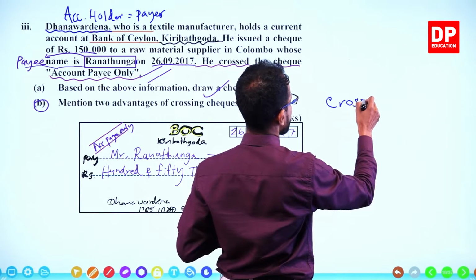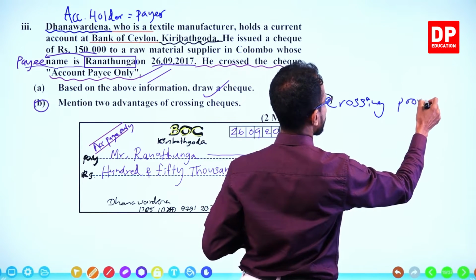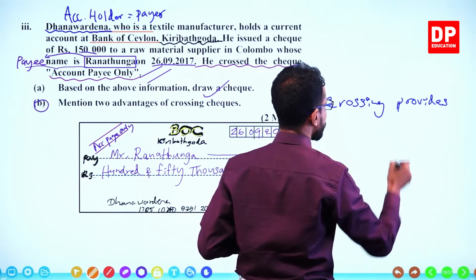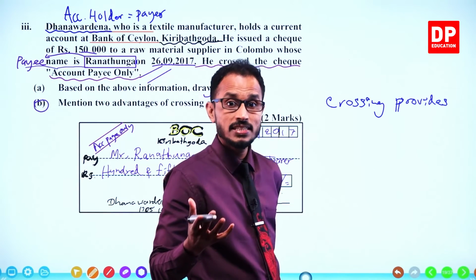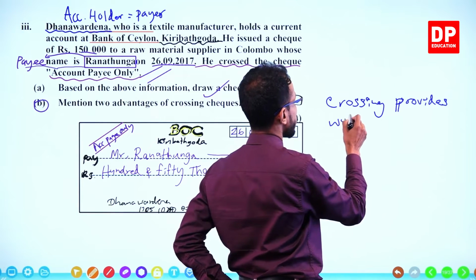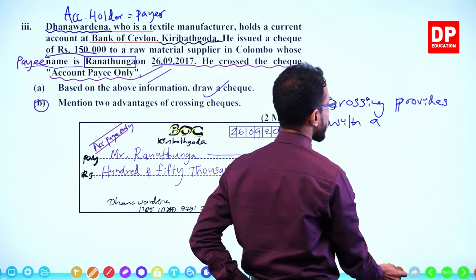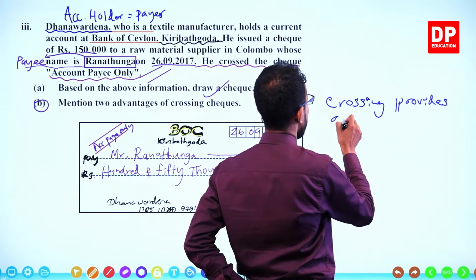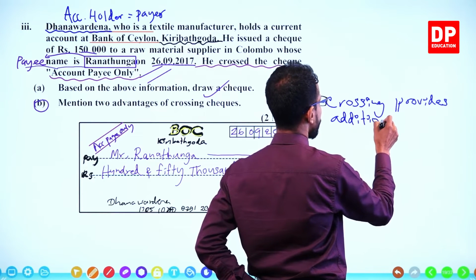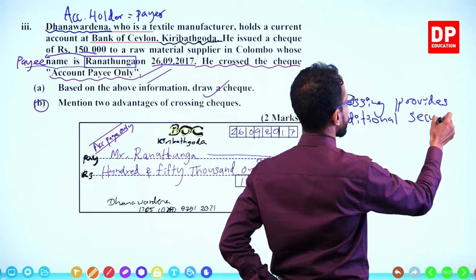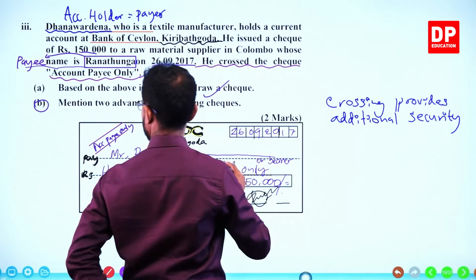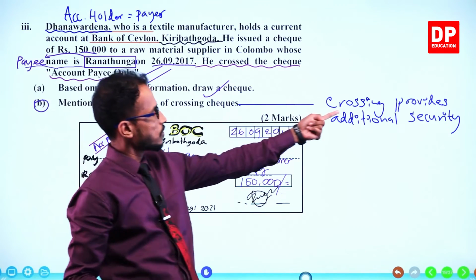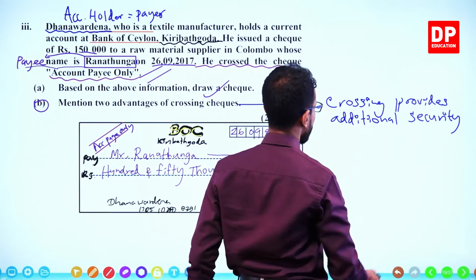Crossing provides additional security. Mention two advantages. Crossing provides additional security. Got it?